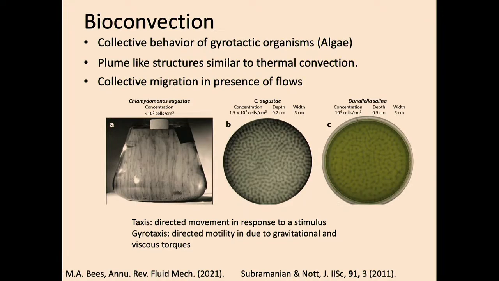So let's go ahead. What is bioconvection? It's a collective behavior of gyrotactic organisms. What is an example of a gyrotactic organism? It's algae, maybe Chlamydomonas. What you then do is you take this algae, put it in a beaker, and wait.